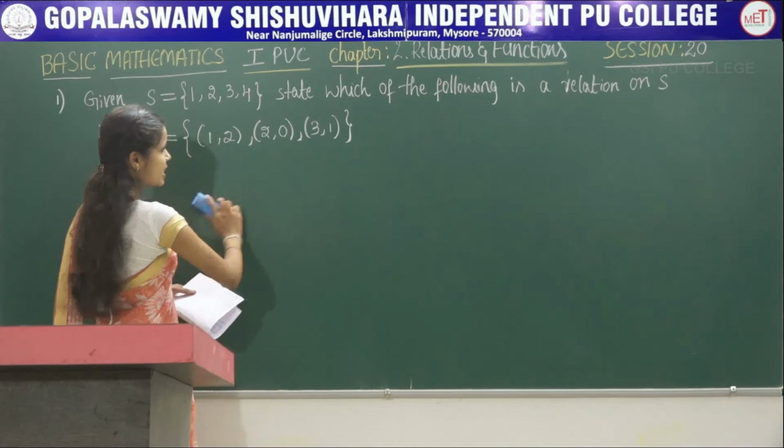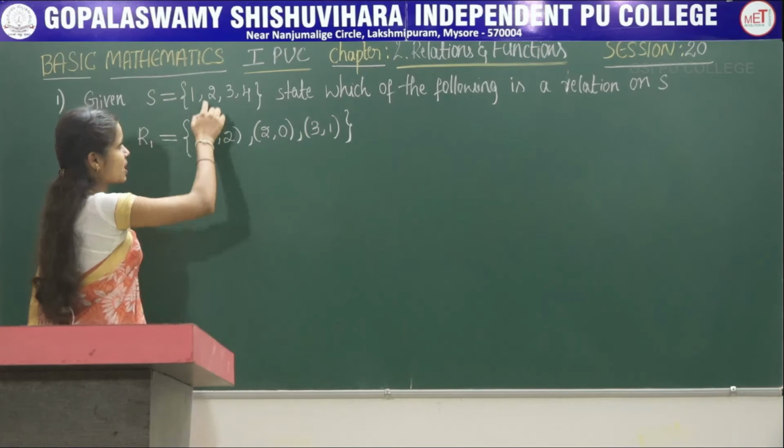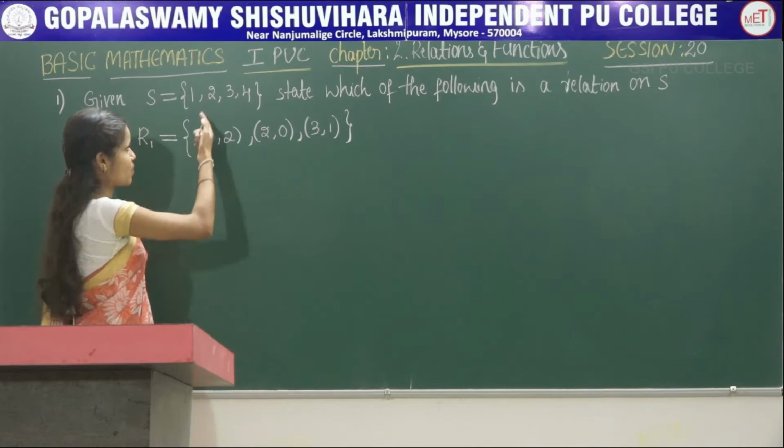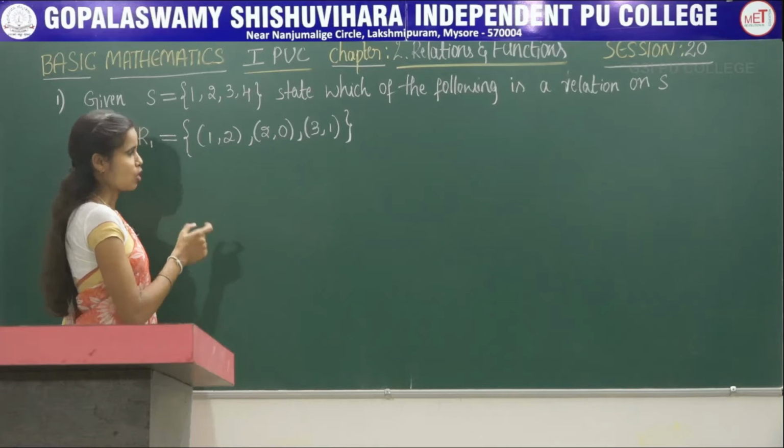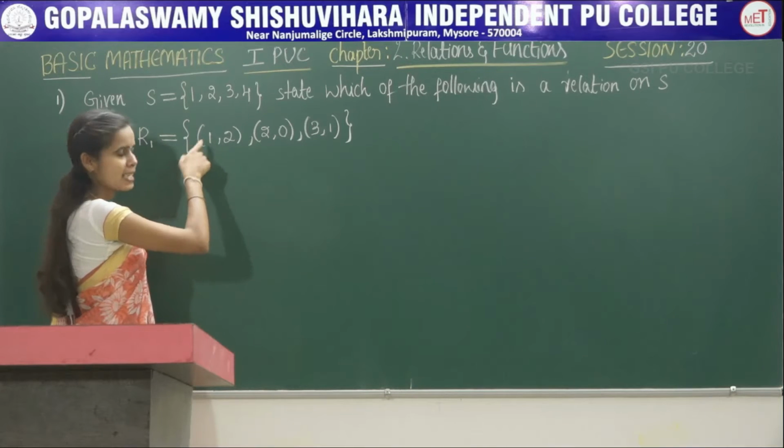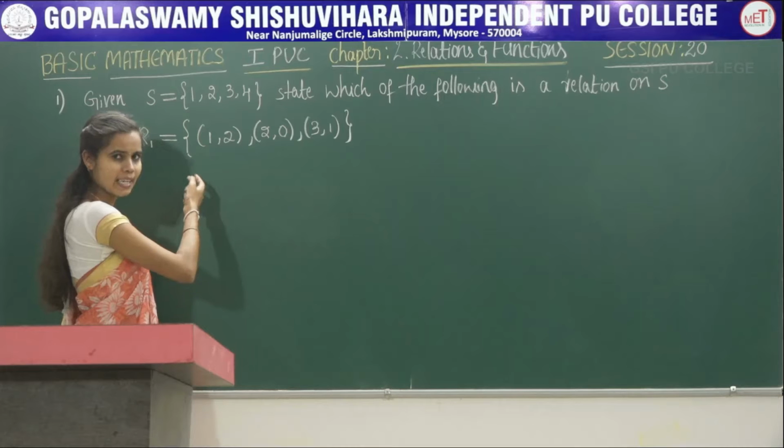Verify whether R1 is a subset of S cross S or not. If R1 is a subset, then it is a relation; otherwise, it is not a relation.